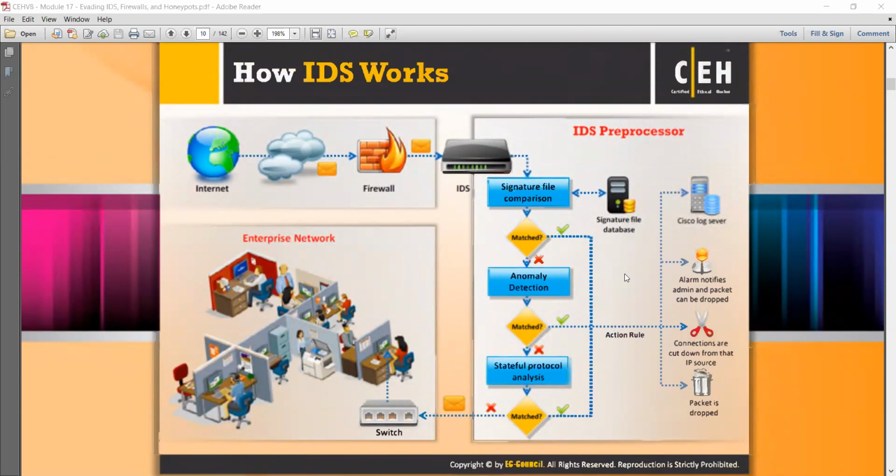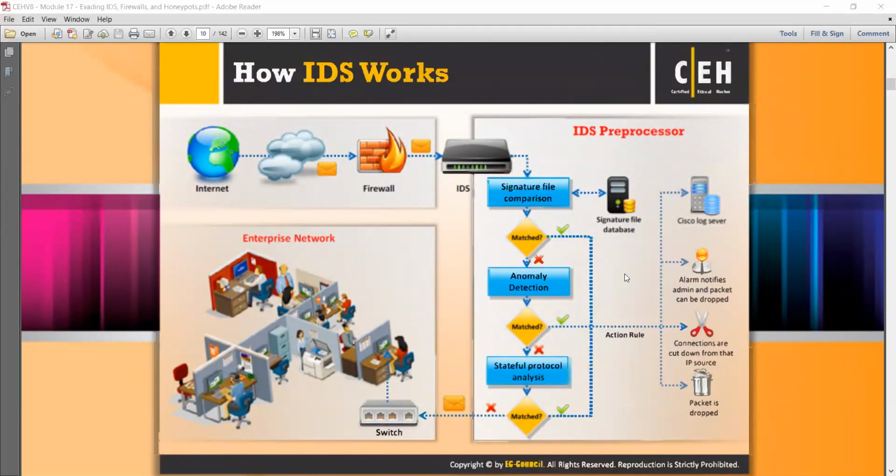In signature comparison, if the signature is matched with the database, it will go to the response: either an alarm notifying the admin, cutting down the IP source, or the packet is dropped.